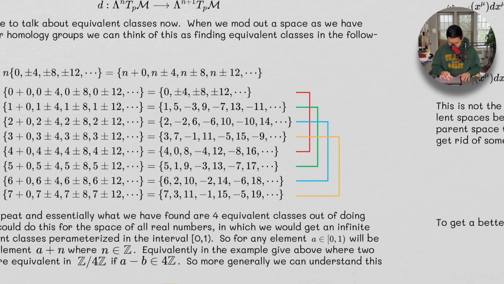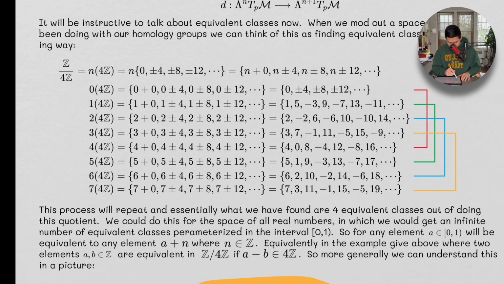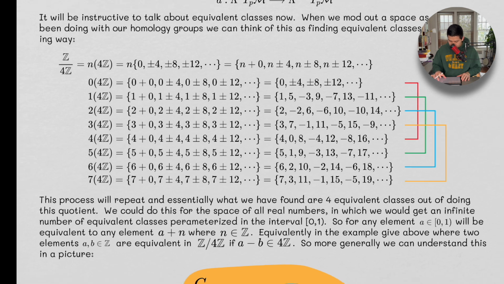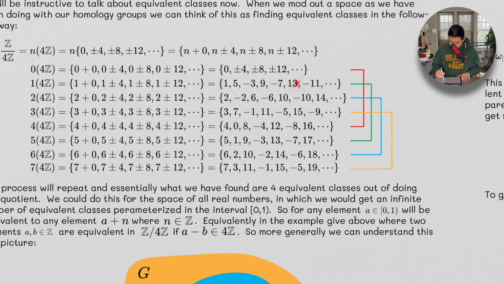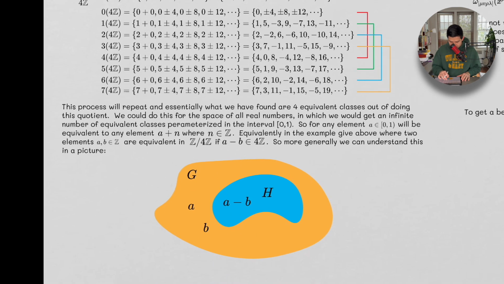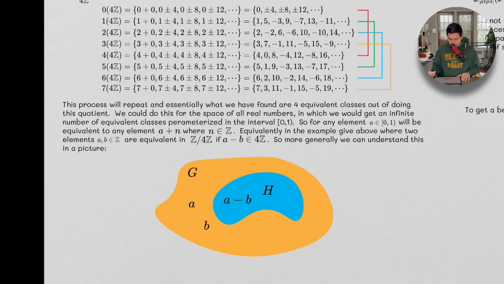So 0 and 4, these two sets, are the same. They're equivalent. Then these two are equivalent, these two are equivalent, and these two are equivalent. This process will repeat, and essentially what we've found are 4 equivalence classes out of doing this quotient.